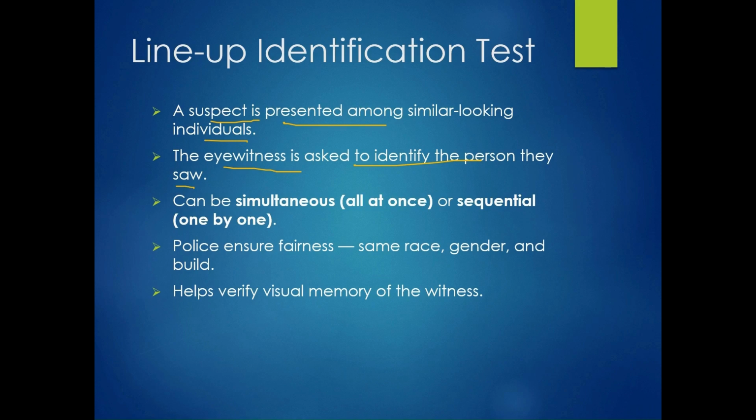This lineup identification can be simultaneous, which means all the people are presented at once, or sequential, where the similar looking individuals are asked to come one by one in front of the eyewitness. Here the police must ensure fairness by bringing in individuals of the same race, gender and build. This helps to verify the visual memory of the witness, how correct the witness was in identifying the offender.